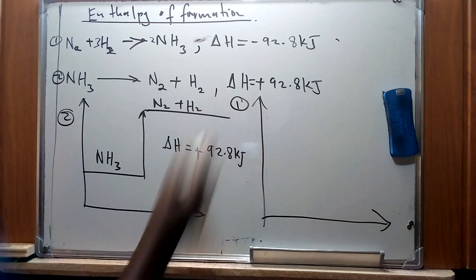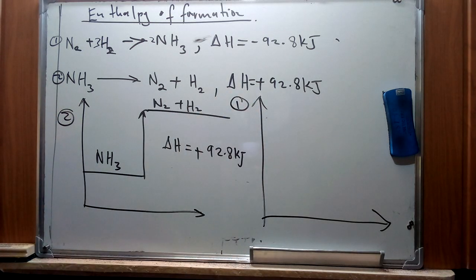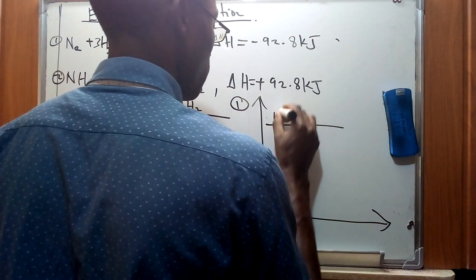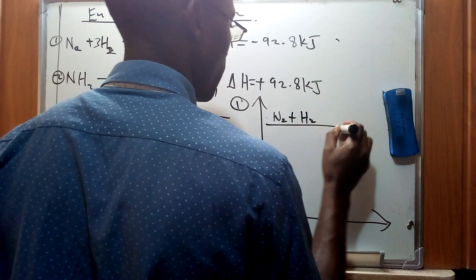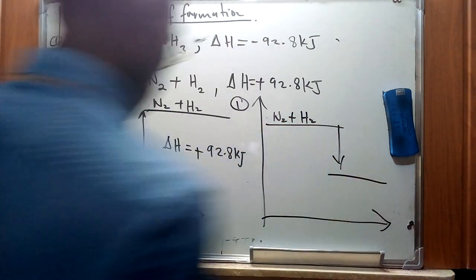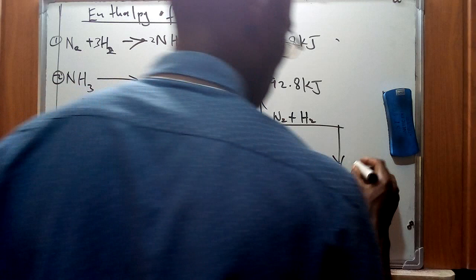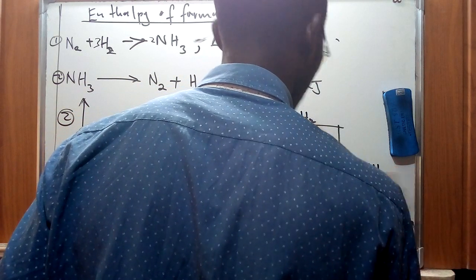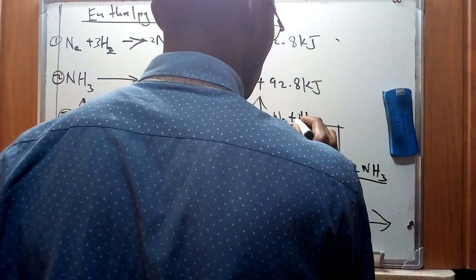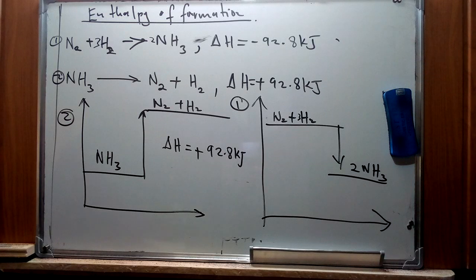So for reaction number 1, which is having a negative value, we're going to have nitrogen reacting with hydrogen to form ammonia. And always remember that these equations are stoichiometric.